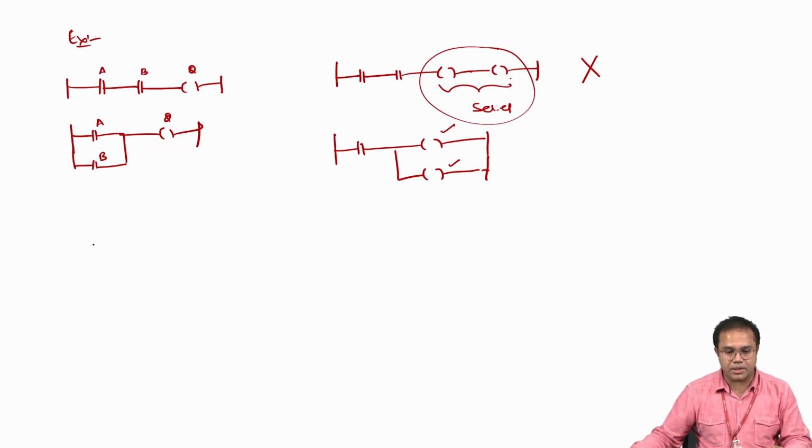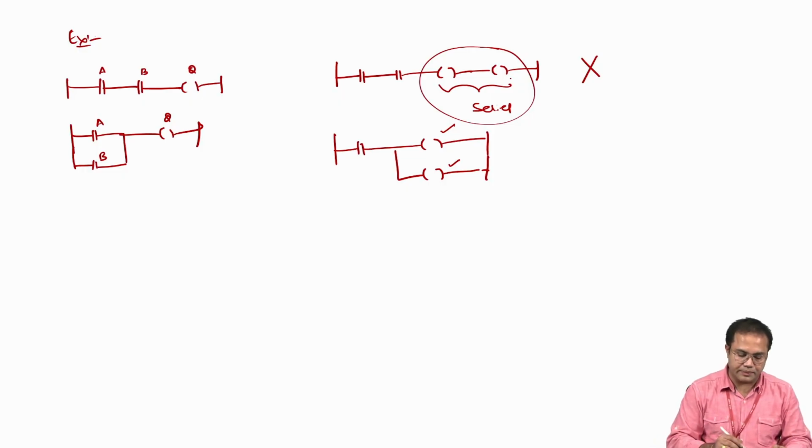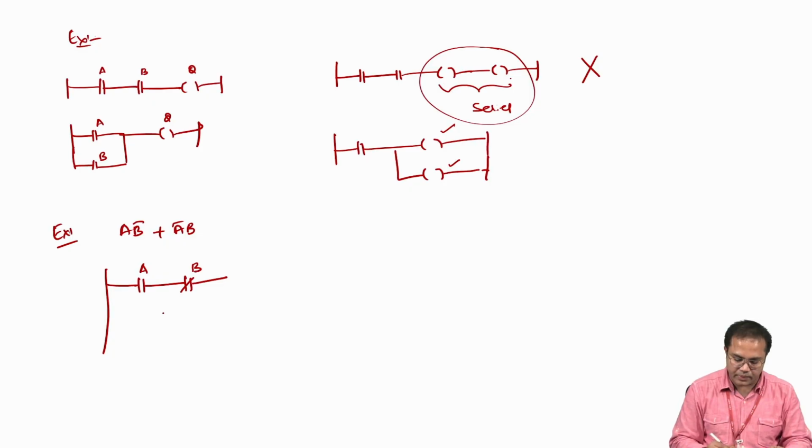Next, we discussed that one input can be used multiple times in a program. Yes, here in XOR, what we did was A B bar plus A bar B. In this logic, I used a normally open instruction for A and a normally closed instruction for B, followed by a normally closed instruction for A and a normally open instruction for B, right?